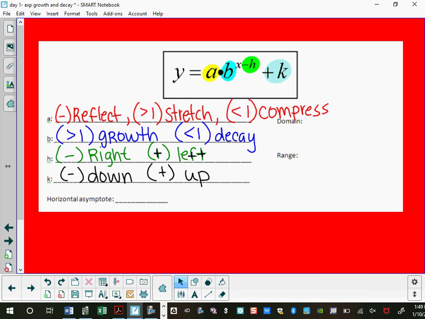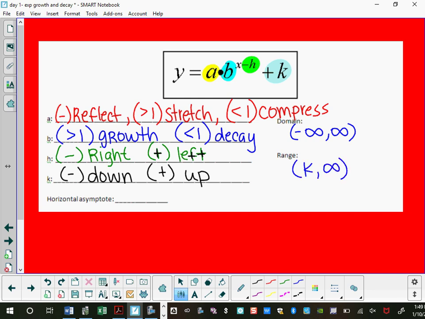Your domain for these graphs will always be all real numbers, negative infinity to positive infinity. Your range is going to be either from your asymptote up to infinity or from negative infinity to your asymptote.